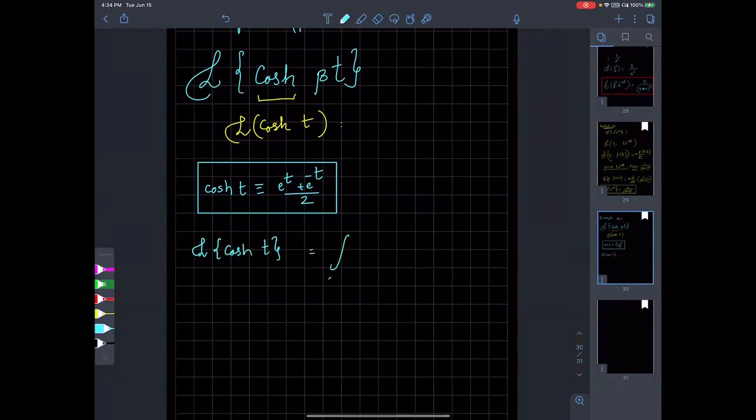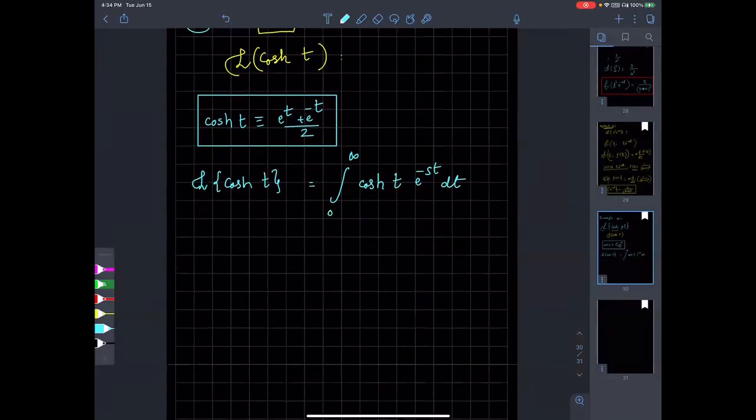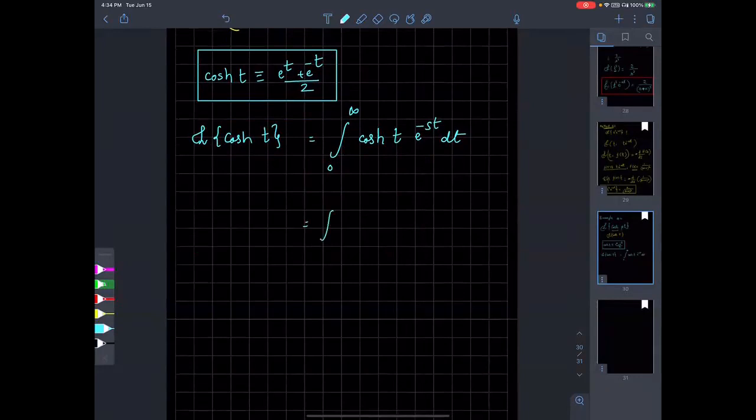Now, with this definition, I want to find the Laplace transform of cosh of t. So we are still applying the definition, 0 to infinity, cosh of t e to the minus st dt. That's the definition of Laplace transform, right? Now we can do this from 0 to infinity, and in place of cosh of t, you substitute e to the t plus e to the negative t over 2 times e to the negative st dt.